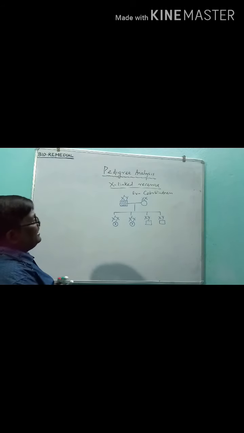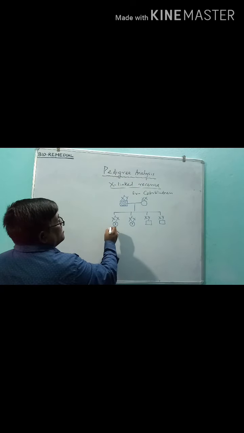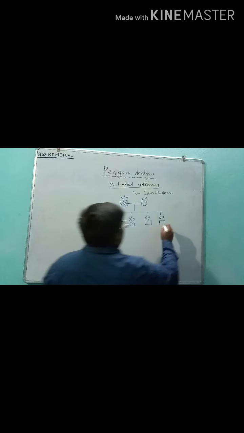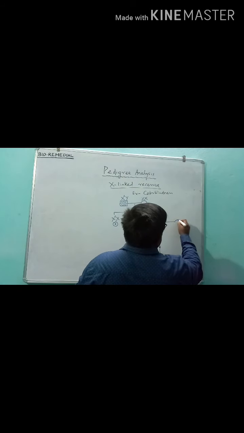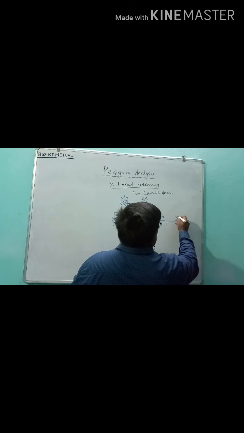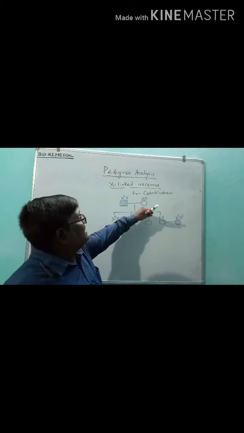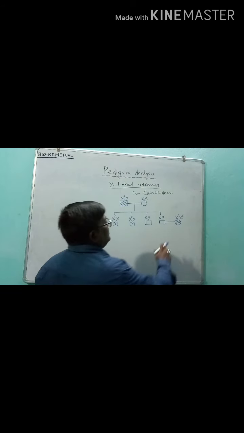Now, in the next generation, suppose I am drawing a normal male who got married to an affected female. We will see what happens when a normal male gets married to an affected female. That is what I have done here.